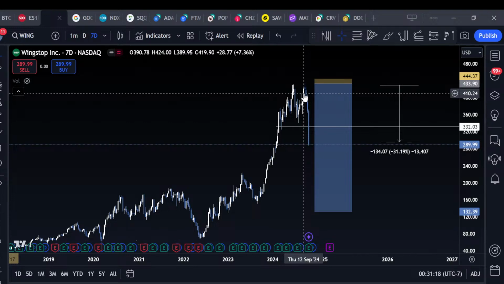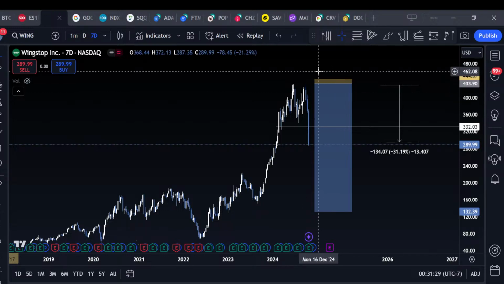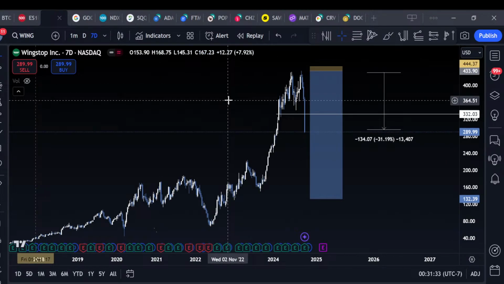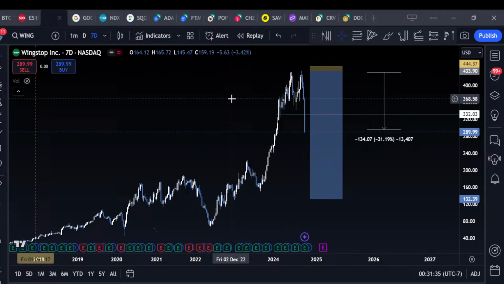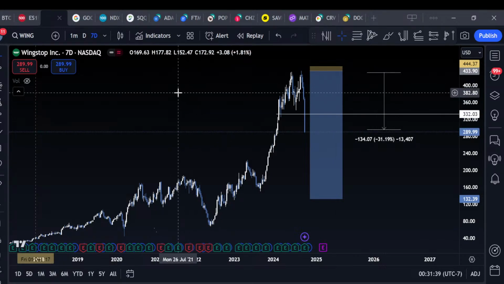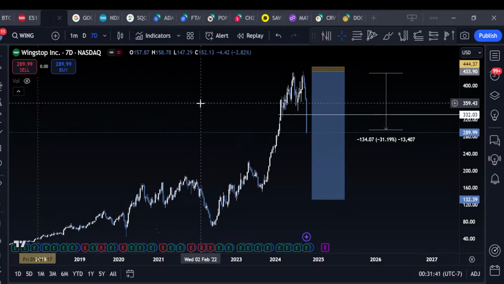And the thread had a comment in it, and somebody said, wouldn't this just be a good short? And they explained, it's an unshortable stock. And here's the fundamental case for it. It's basically something like, think about it, McDonald's has 40,000 stores and Wingstop only has 1,000 stores, whatever, right?